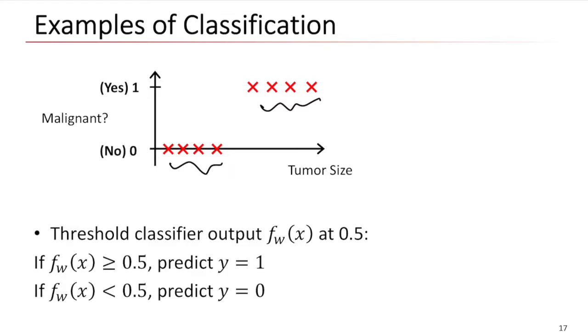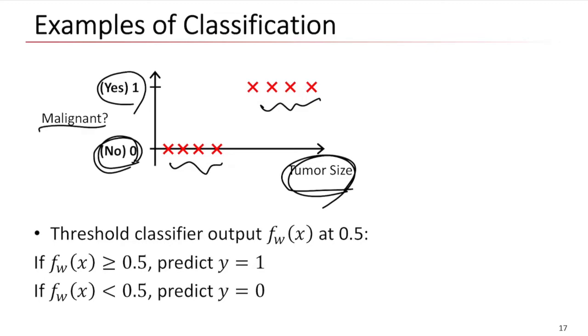The input of the training sample is the tumor size, and the output of the training sample is 0 or 1. 0 means it is not malignant, but 1 means it is malignant. So this is the classification setting.